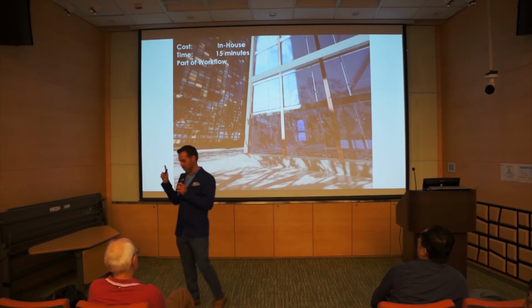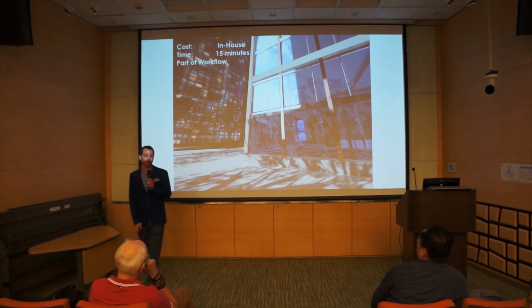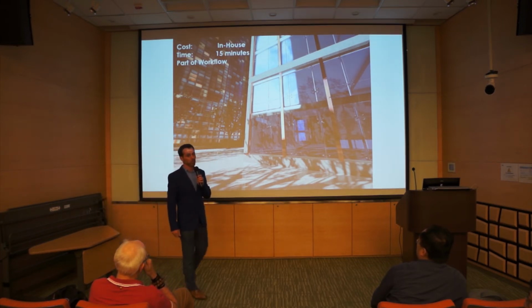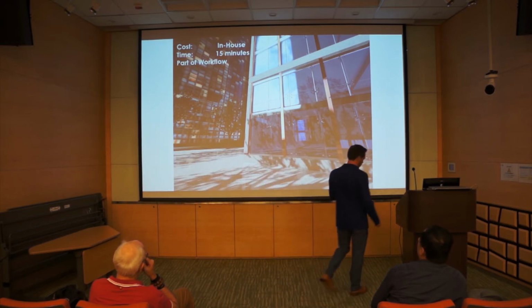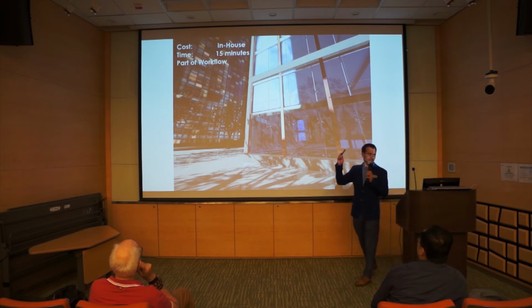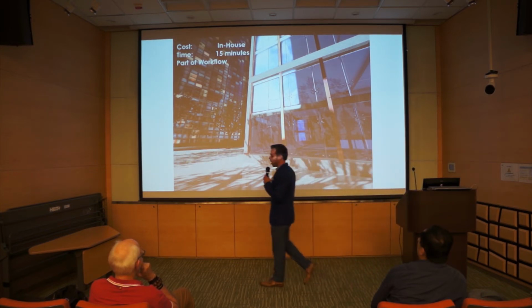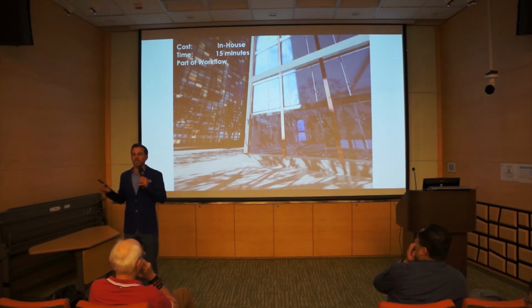And that's from a team coming out of South America. In the States, that number is about $20,000 per room. So here I have an entire model that I did by myself, in-house. It took about 15 minutes, and the cost was nothing because it was part of my workflow. It was part of my working day.